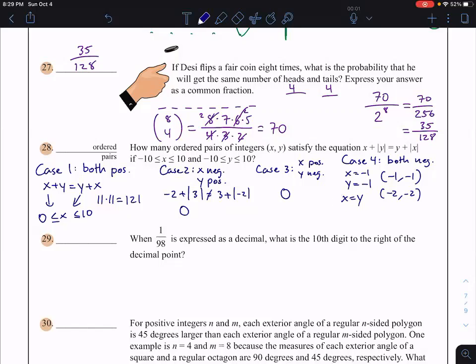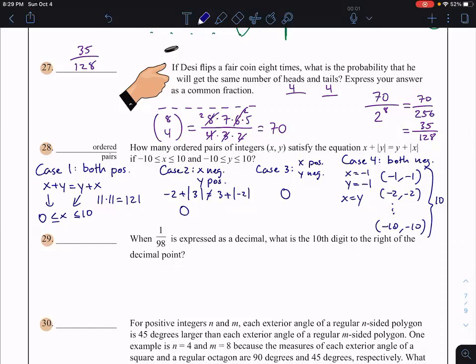And so there are only 10 of these types of cases, since you only have the numbers -1 all the way to -10, -10. So that means that there are 10 possibilities for case 4.